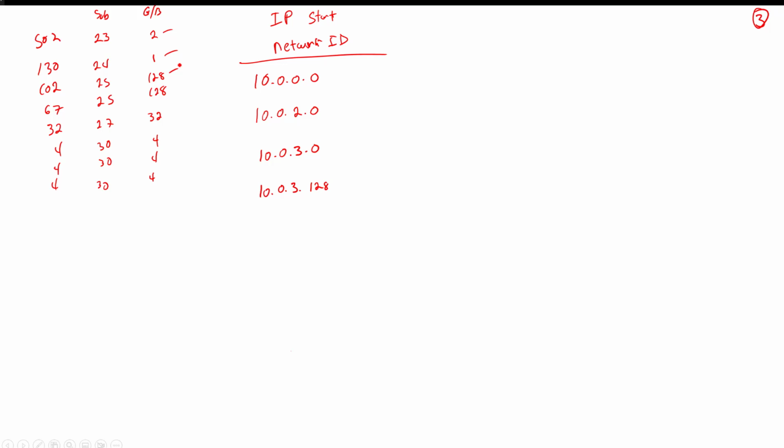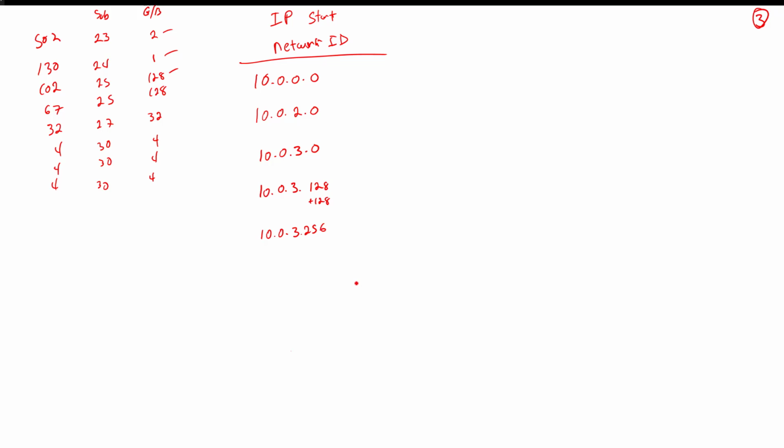Third network's done. Fourth network, we're going to add another 128 to the fourth octet. 128 plus 128 is 256.